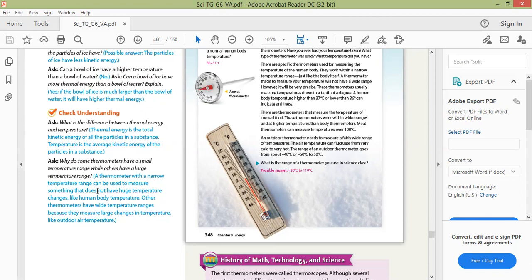Like our body temperature, it doesn't change by a huge number. If it goes below 36 or above 42, the person dies, so the range is small. Other thermometers, like outdoor ones, have a wide temperature range because they measure large changes in temperature, maybe below zero or very, very hot.